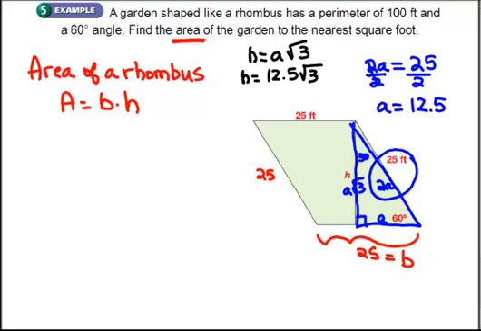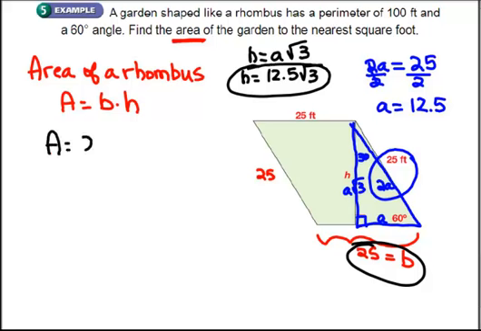That's what I know. So now that I have my base and I know my height, I'm going to plug them into my formula. Area equals 25 times 12.5, I'm going to put this in parentheses so you know it's a decimal, times the square root of 3. They want to the nearest square foot.